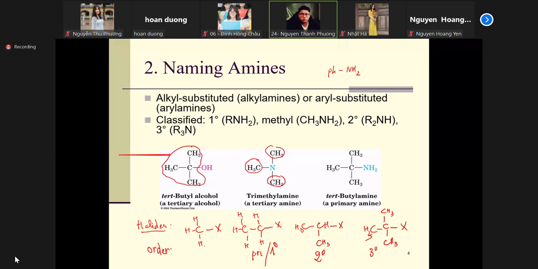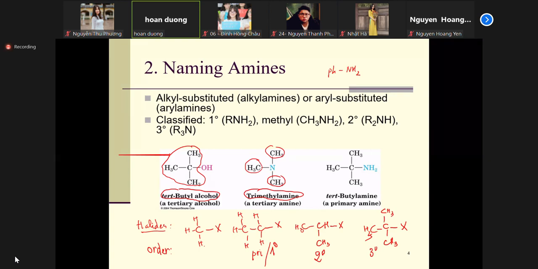Yes. Okay, well now one more, pay attention. Now, please pay attention to the name of alcohol here and trimethylamine. So you have one is the same. That means the radical group. Here trimethyl and that kind of radical group on amine.